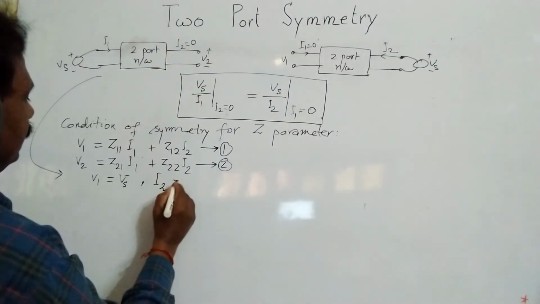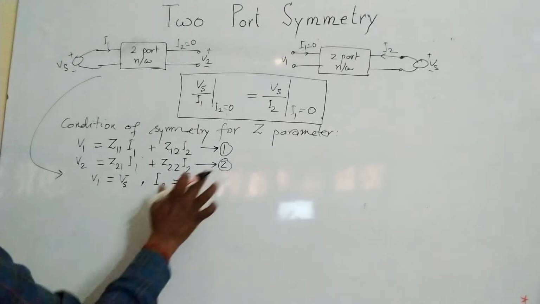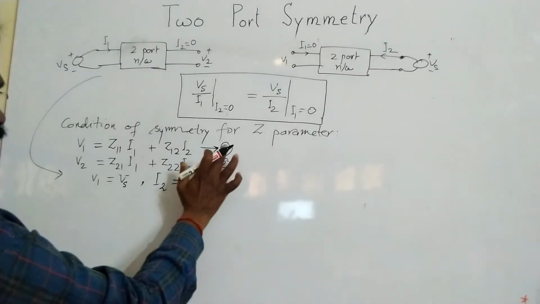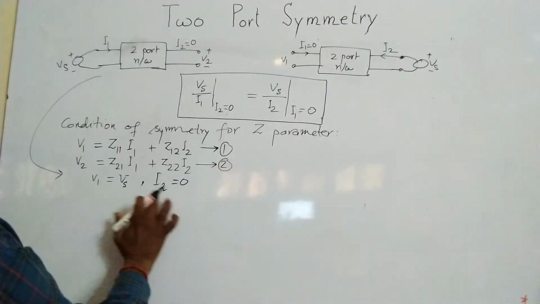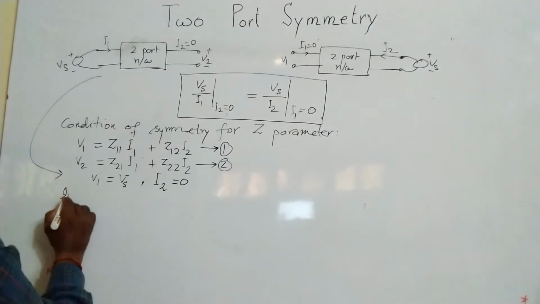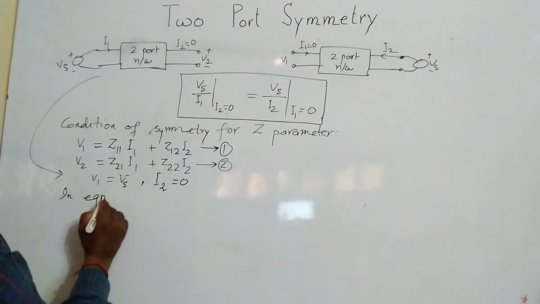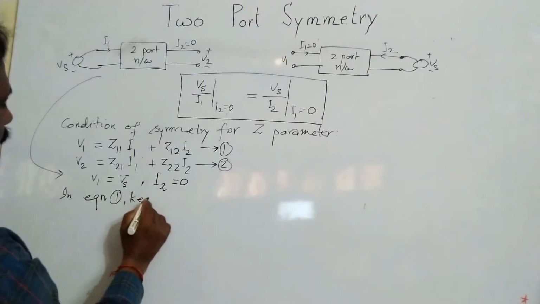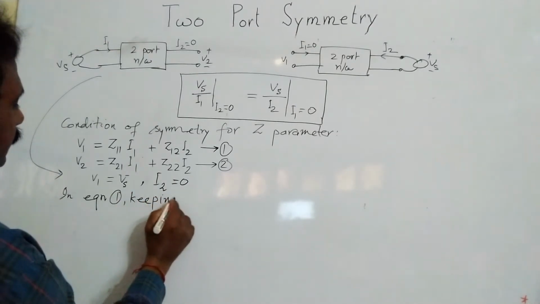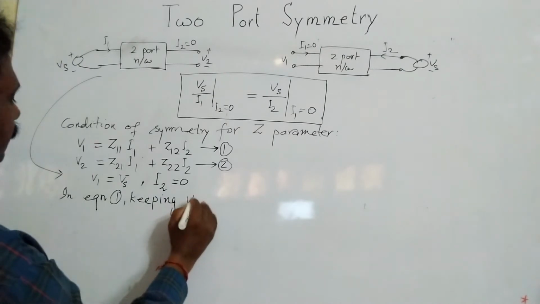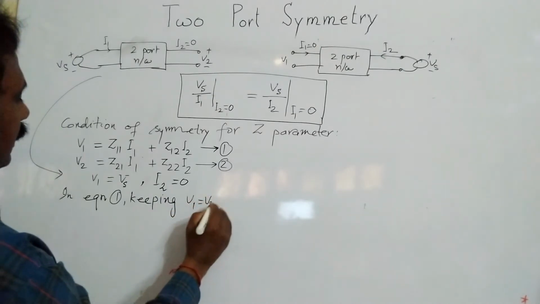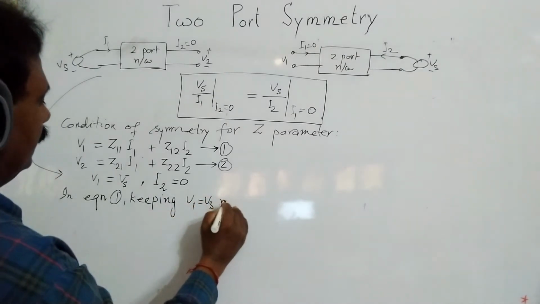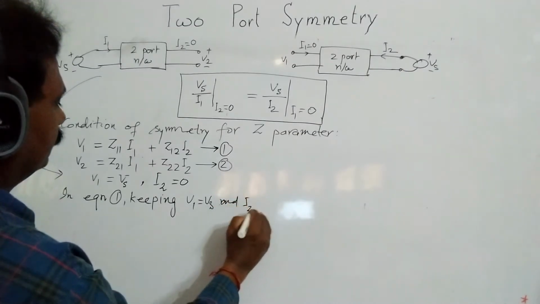Let us keep these values in standard equation 1: V1 equal to Vs and I2 equal to 0.